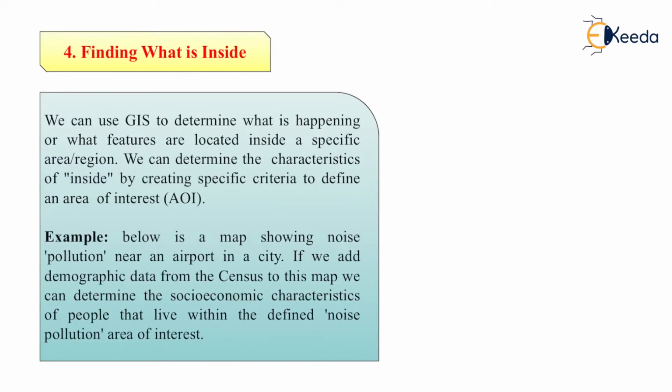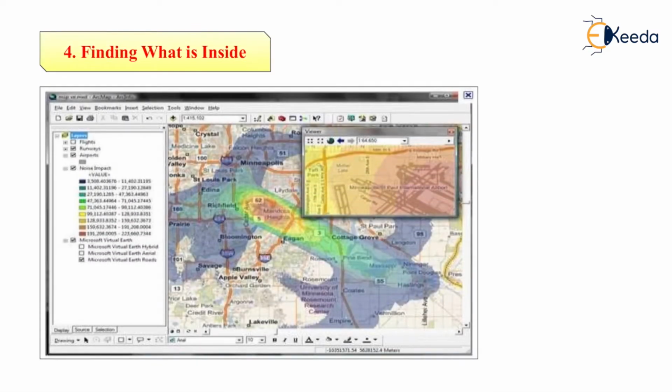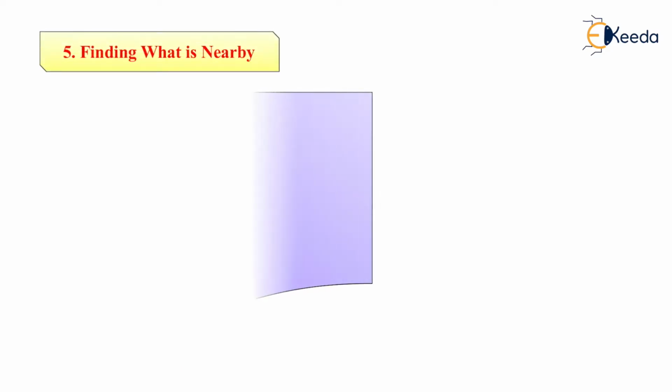If we add demographic data from the census to this map, we can determine the socio-economic characteristics of people living within the defined noise pollution area of interest. As you can see here, we have the data on the people living around it with the noise pollution. So by using GIS, we can find out a variety of data.